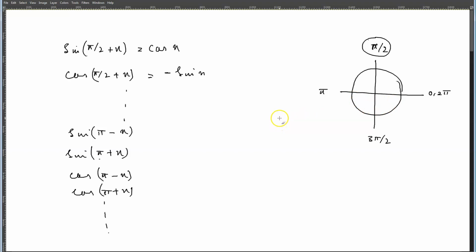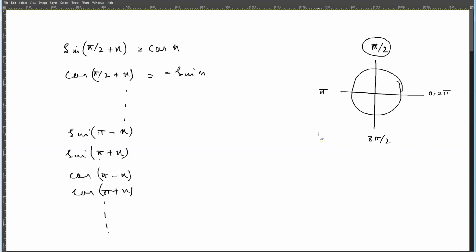Usually, I have not seen 3 pi by 2 in these formulas. They're typically not used in trigonometry, at least not in the books that we are using as our text here. Usually in the Indian education system, even when you go to college, you don't express your angles in terms of 3 pi by 2, and I don't really know what the reason for that is.